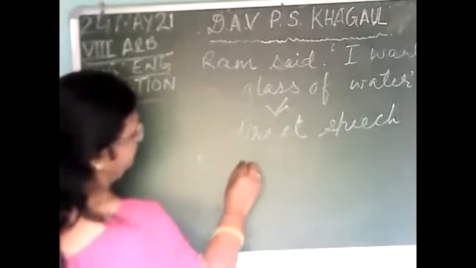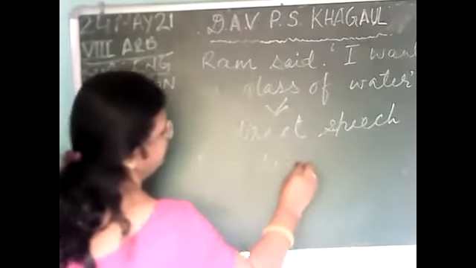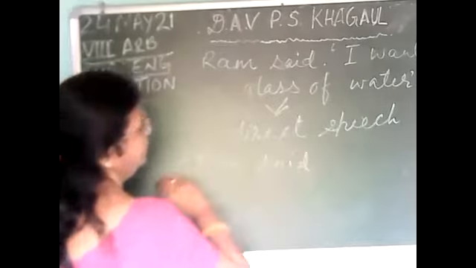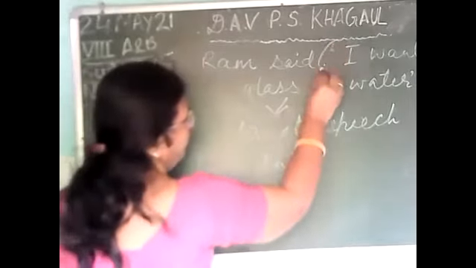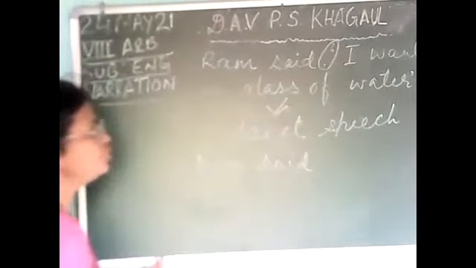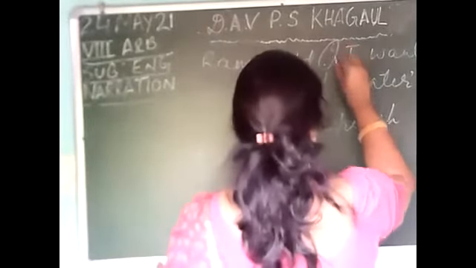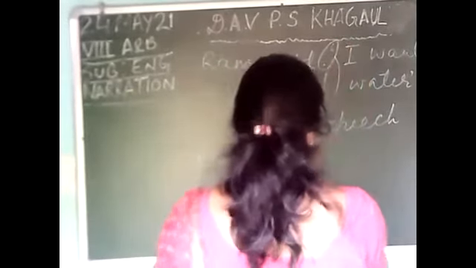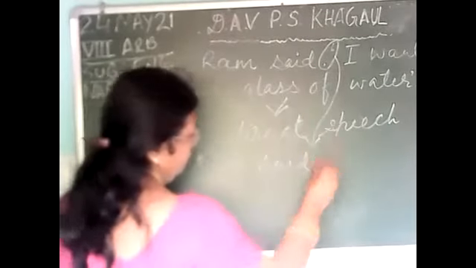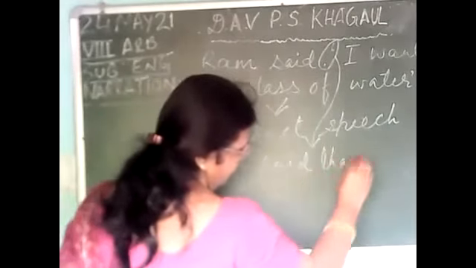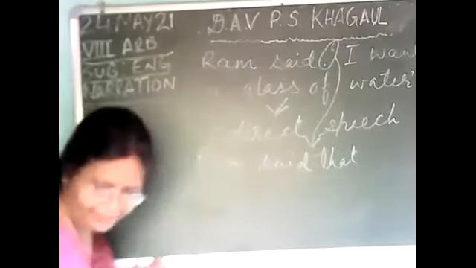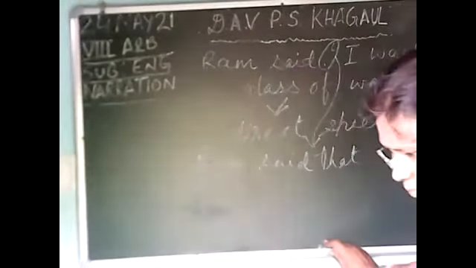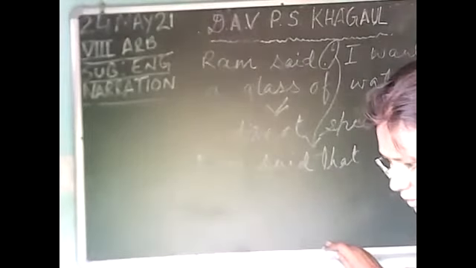Ram said. Now, comma and inverted comma need to be removed. Isn't it? And that will be added. यहाँ तक clear? Blackboard is clear now.